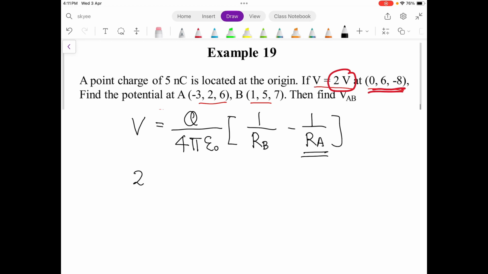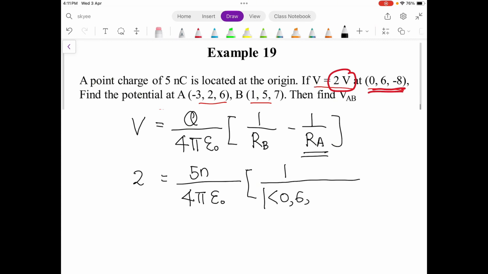So we try to fill in the blanks. Q we know, so we fill it in, and then 4 pi epsilon naught, and RB would be the distance between the observation point, that is 0, 6, negative 8, minus the location of the charge, which is 0, 0, 0.